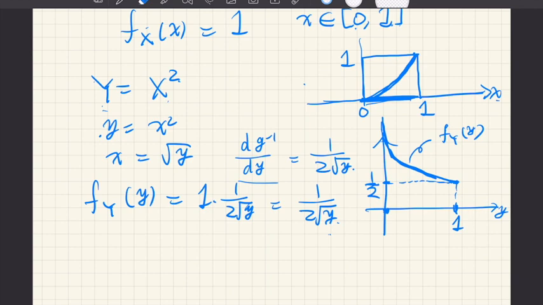And what else? Okay. Now we have multivariate distribution. Okay. Now, if we have two random variables at once, x and y.